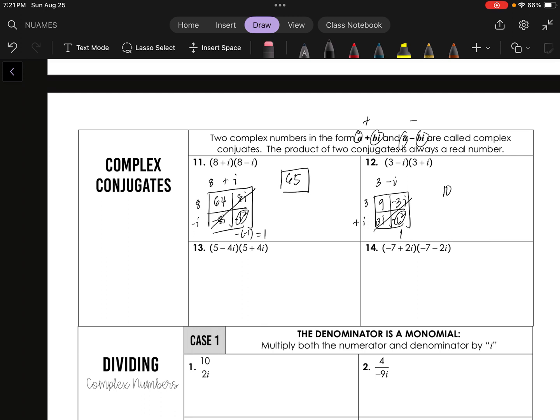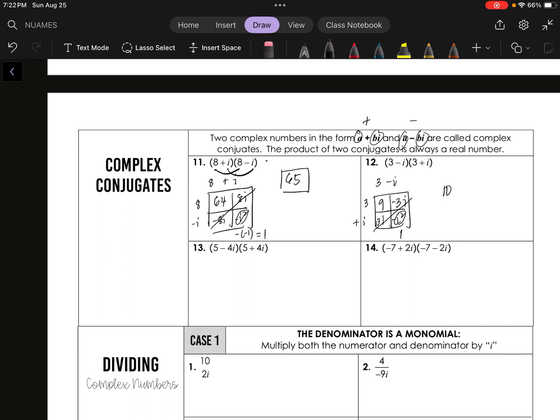Now what have you noticed as you try multiplying conjugates? That the i values are canceling out, right? So another way to see that is you're basically getting the product of the first two terms and getting the product of the second terms, and subtracting them, right?